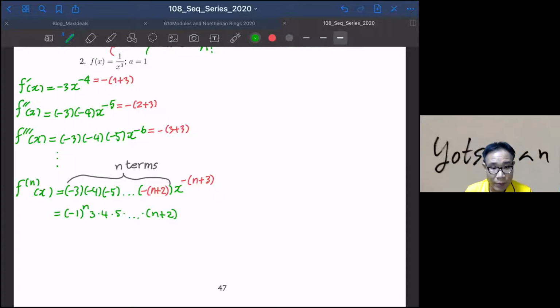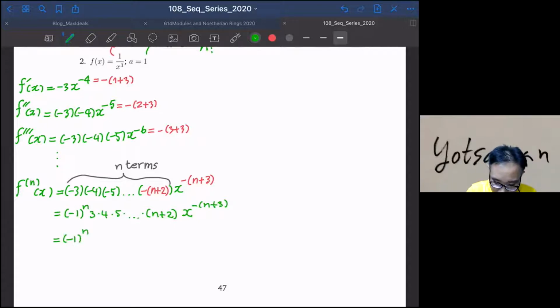Okay, so it's going to be this number. And let me complete this one first, x to the -n plus 3. And you see that, hey, this almost looks like a factorial. However, it's going to be -1 to the n.